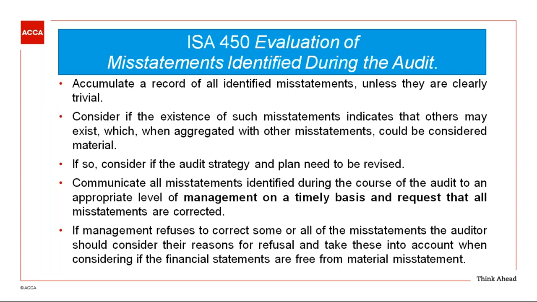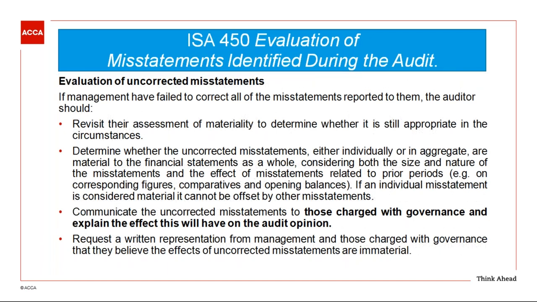So he will ask them to give written representation that these misstatements are immaterial, and he will also judge the management integrity as well. Then he will go for the disclosure or presentation to the persons charged with governance, and still if they are not interested in making adjustment, then the auditor will modify the audit report. So these are the steps that need to be followed if the auditor has found any misstatement. This is the way you are going to evaluate the uncorrected misstatements.